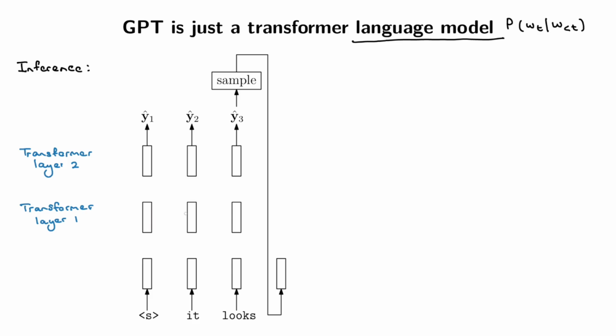And basically these vectors in the first transformer layer are going to be produced by using self-attention from the inputs here. And then these vectors will be produced by doing self-attention on the vectors here. And then you're going to get an output vector here. And this is going to be a big vector, maybe a few thousand dimensions over the possible output words.